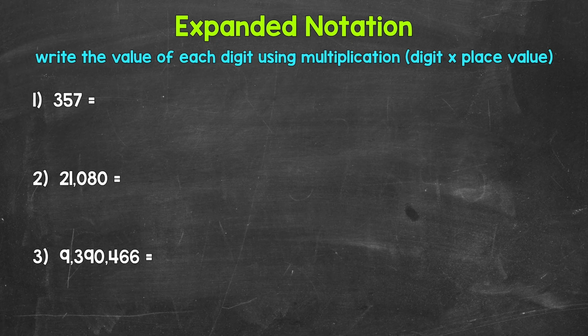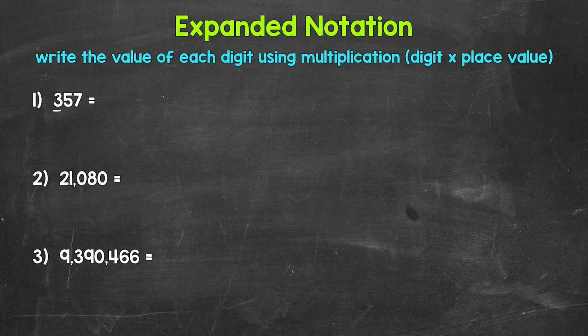Let's jump into our examples, starting with number 1, where we have 357. To start writing a number in expanded notation, we start with the digit furthest to the left and we work our way right. So for number 1, we start with this 3 right here. Well, what's the value of this 3? What's this 3 worth?